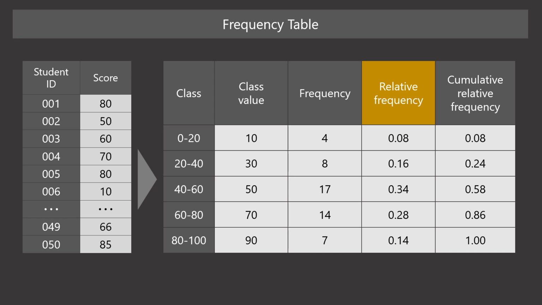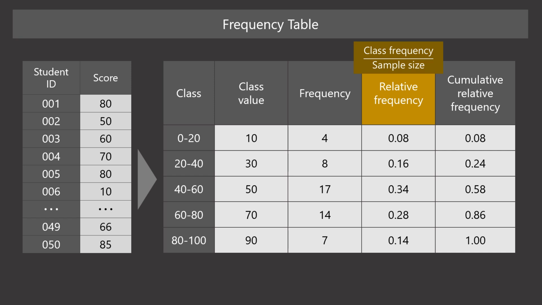The relative frequency is calculated for each class. It is the proportion of the number of observations in the class to the total number of observations included in the dataset. We can calculate the relative frequency by dividing the frequency of each class by the total number of observations included in the dataset.